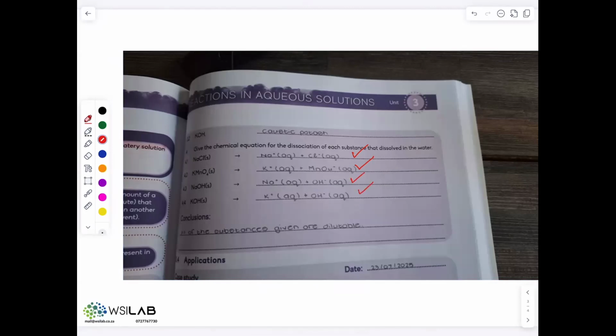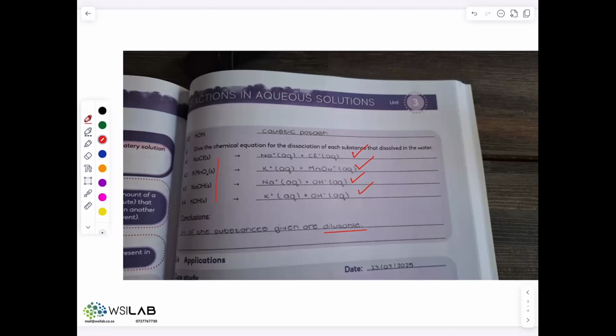Conclusion. All the substances given are, but what is that? Dilutable. Why is that though? Dilutable is not the right word. Then what is the right word? Dilutable means you take a liquid and you add another liquid to it. You took all solids and you added water to it.